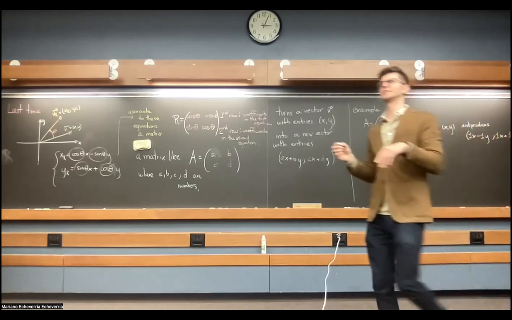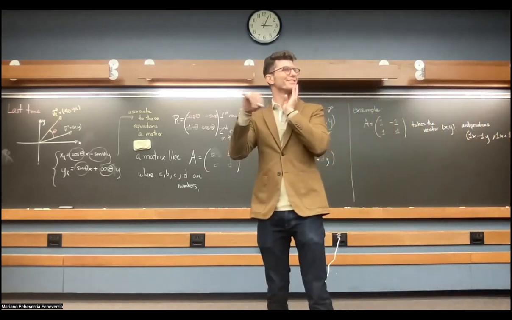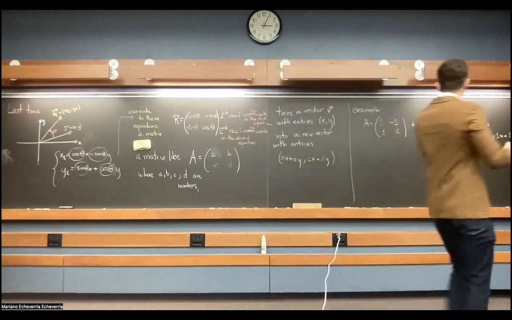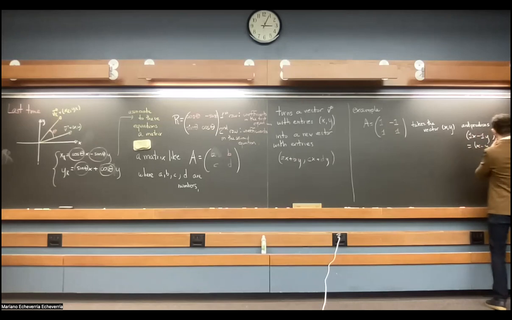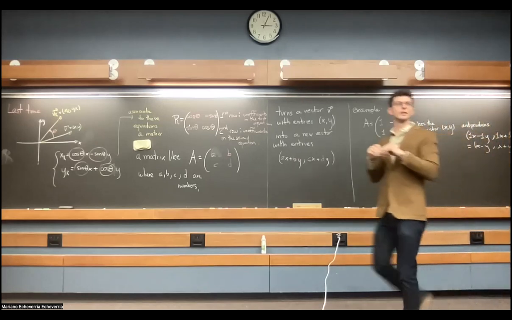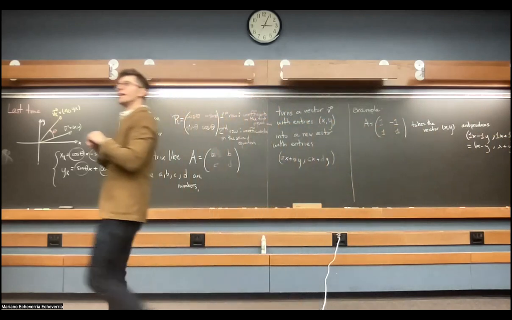It's kind of nasty to have all the numbers written out explicitly, right? So you just write this as x minus y, comma x plus y. Does that make sense?